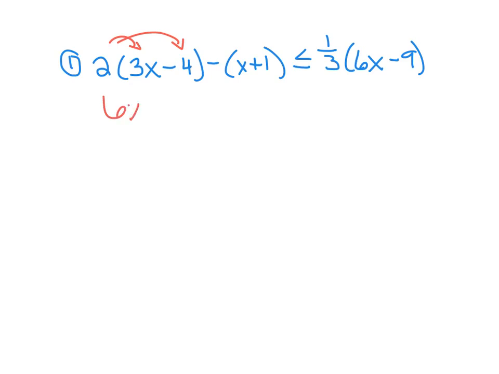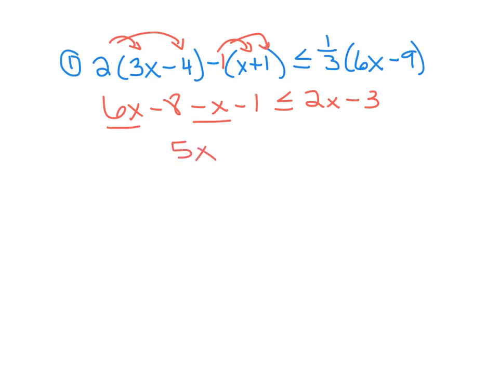Distribute. 6x minus 8. Remember, this is a -1 you're distributing, so -x minus 1 less than or equal to 2x minus 3. Just like with equations, combine like terms. 5x, -8, -1, minus 9, less than or equal to 2x minus 3.